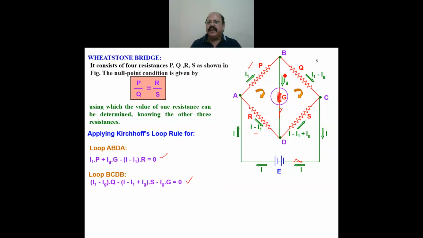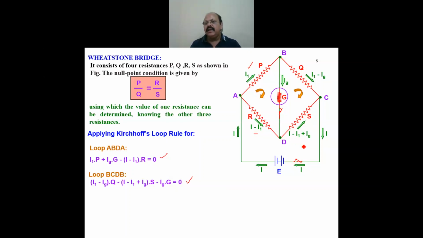Similarly, Ig is coming from this arm at point D, and I minus I1 is coming from here. So both are moving toward the junction D. Apply KCL, Kirchhoff's current law. The total current that passes through the resistance S is I minus I1 plus Ig.